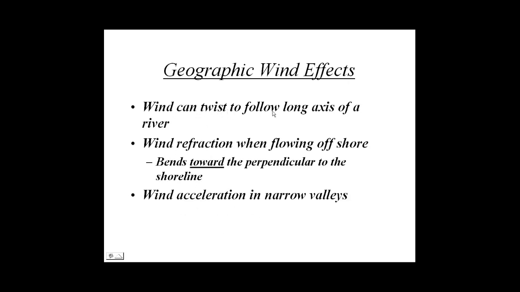The wind can twist to follow the long axis of a river. It may be blowing partly across the river, but as it comes to the river, it's going to basically flow more towards the center line of the river. Not necessarily on the center line, but in that direction. Wind refraction flowing offshore bends toward the perpendicular to the shoreline. And wind will accelerate in narrow valleys.